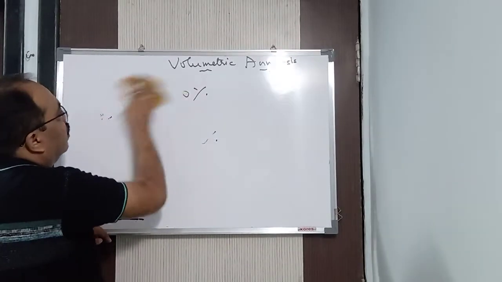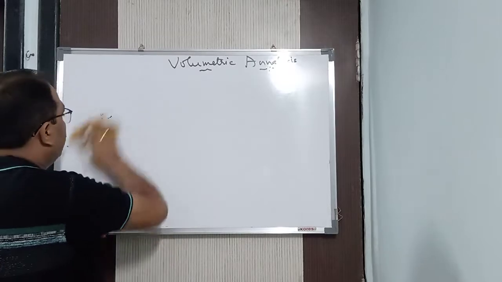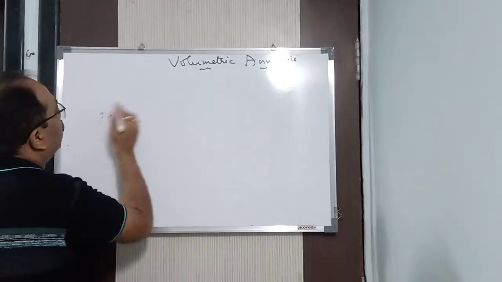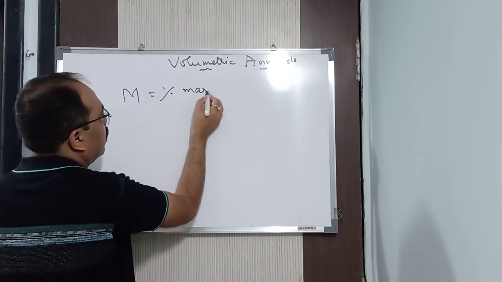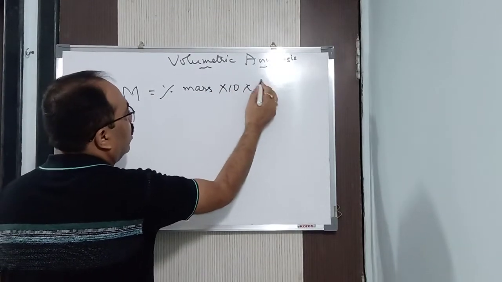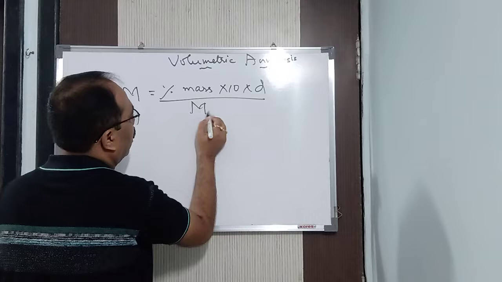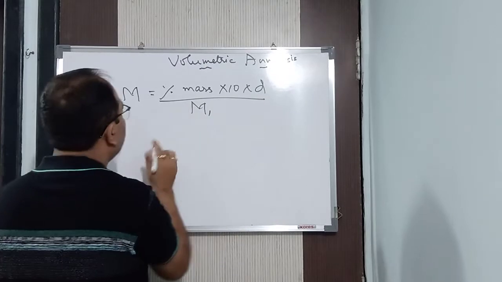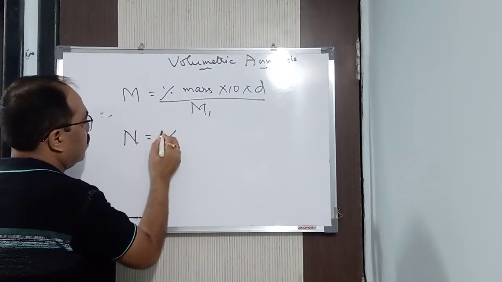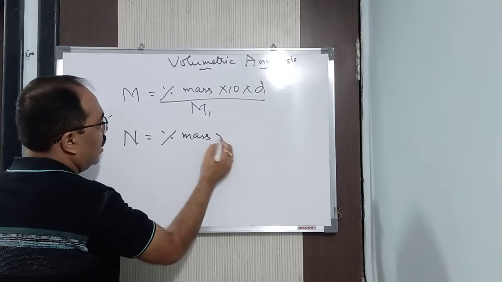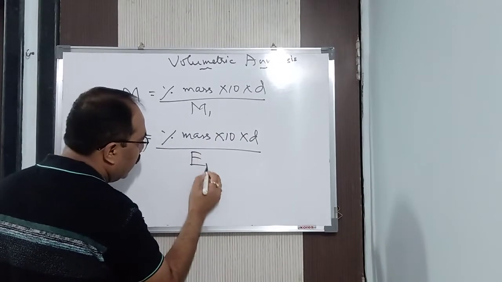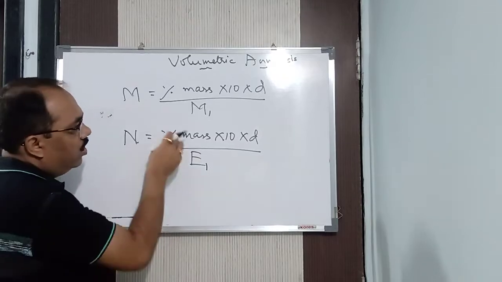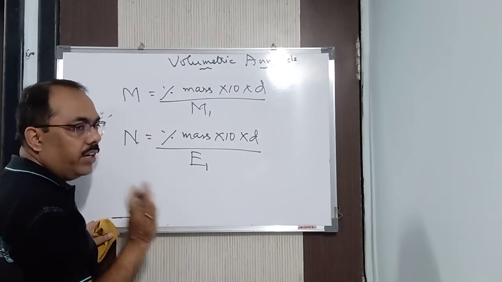Now, some more formulas you will be using. You have learnt about molarity, isn't it? I told you this formula: percentage mass into 10 into D, where D is the density of the solution, by molecular weight of the solute. Now, if normality is asked, what you need to do is percentage mass into 10 into D, that is density of solution, by equivalent weight of solute. Instead of molecular weight, we use the equivalent weight of the solute.